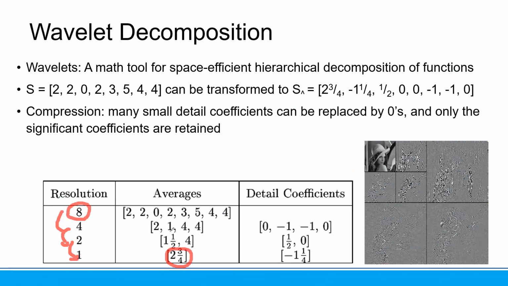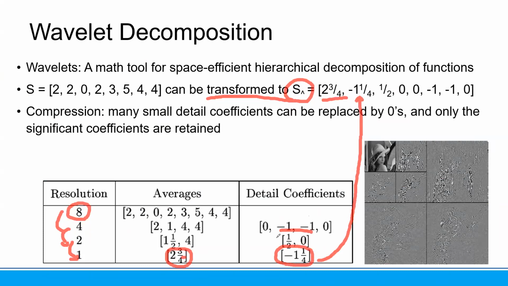After I get this number, I can transform it to S hat, which is this number, 3 divided by 4. Then I have this detail coefficient, minus 1, 1 divided by 4.